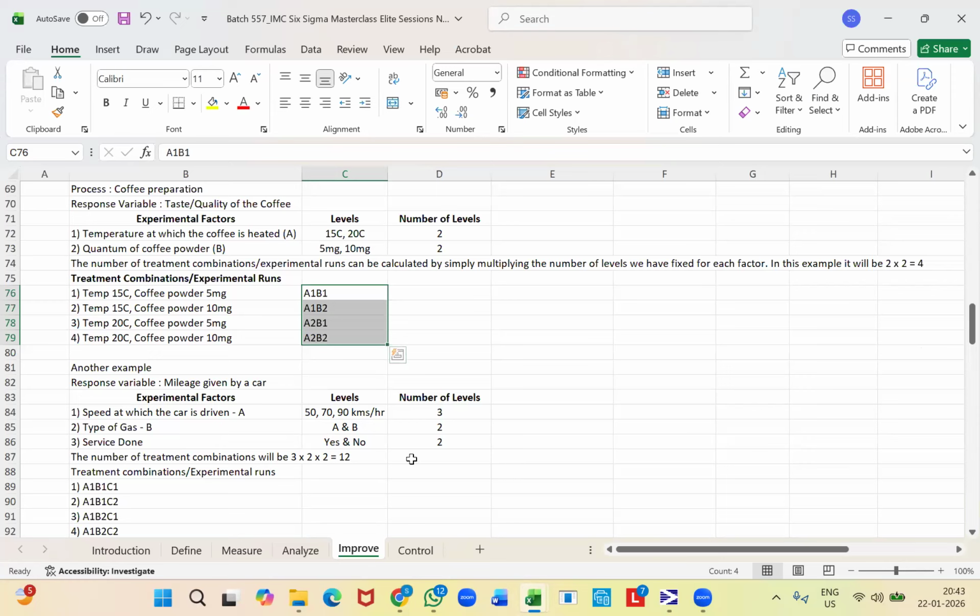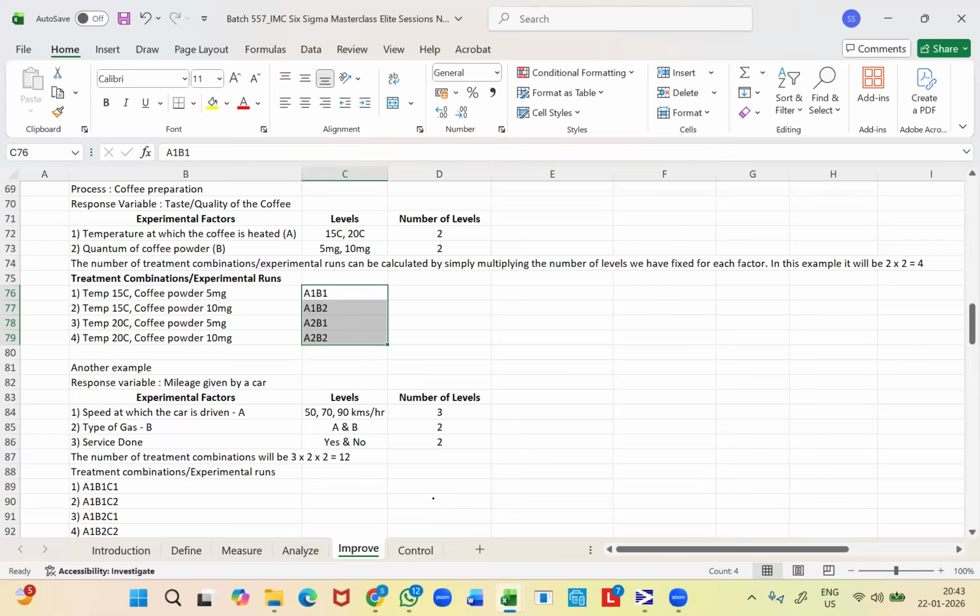So with these kind of unequal levels fixed for the experimental factors, it will be very difficult for us to write the treatment combinations right straight away. So what we can do in these kind of scenarios, if you have a higher number of experimental factors or higher number of levels, is create a decision tree like structure.